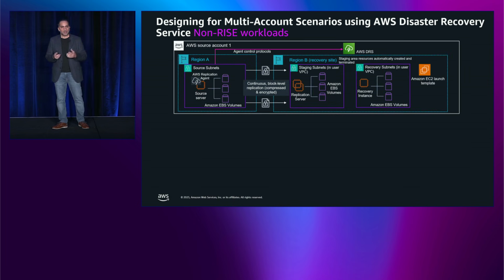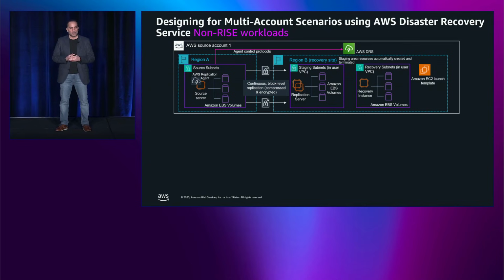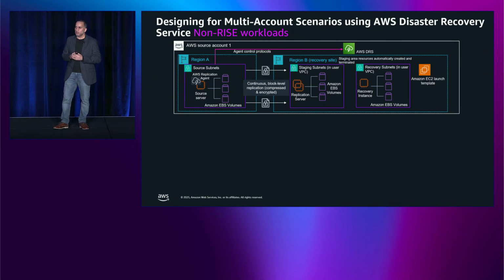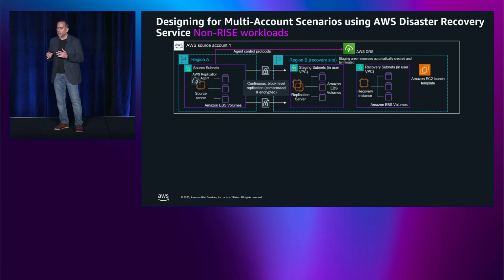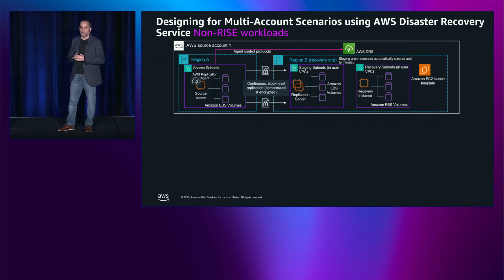AWS Elastic Disaster Recovery minimizes downtime and data loss while using continuous block level replication. It uses a staging area for storage with minimal compute and provides point-in-time recovery from which you can launch recovery instances on AWS within minutes.